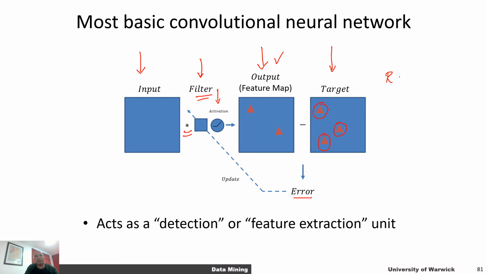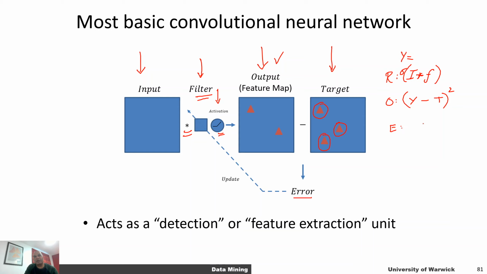So the representation of this machine learning problem can be very simple. We have an input image, we convolve it with a given filter, we apply some activation on top of it, which I indicate by this sigma, or if you want to do sigmoid activation, and that gives us an output image that I'm going to call y. Now for a given y, we want to compare it to our given target, which is t, and let's say we can use the square of that as the error signal.